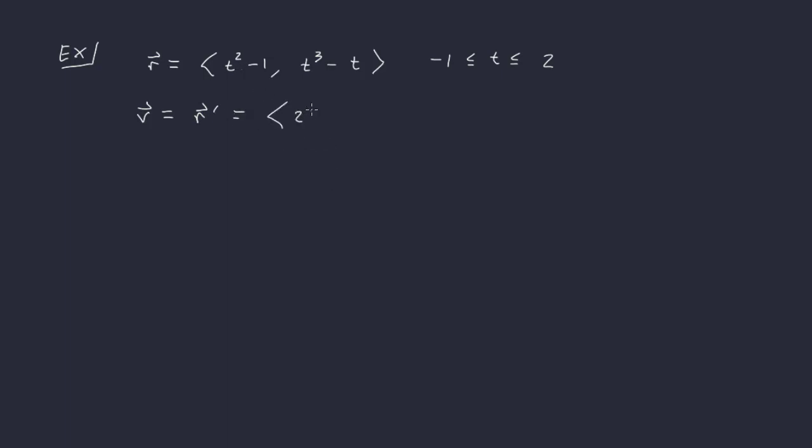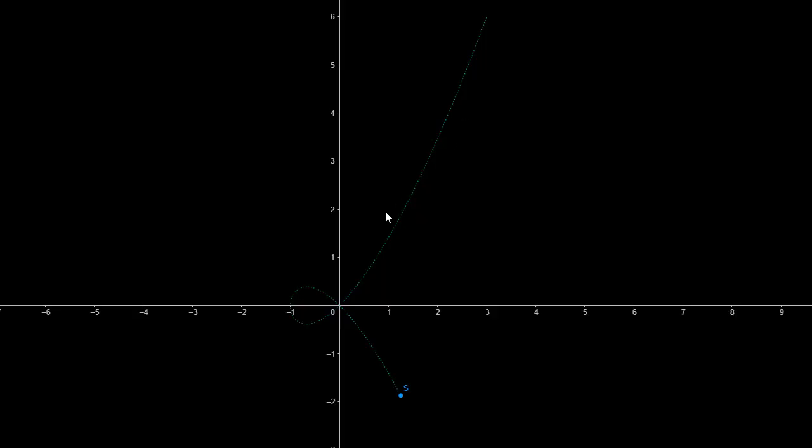So that's going to be the vector 2t, comma, 3t squared minus 1. All right. So now that we know what example we're talking about, let's jump to the graph. Actually, sorry, I meant to say we're going from -1.5. Okay, so I've charted out the path here.